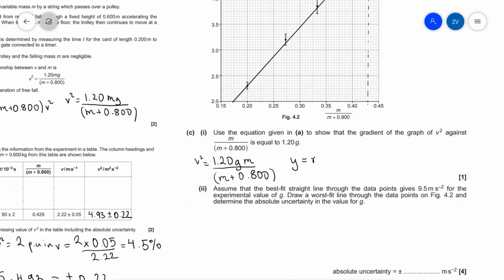I'm going to add a little plus 0 over here.